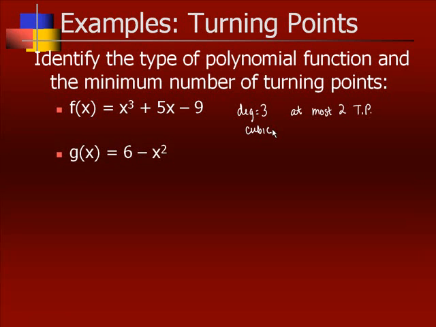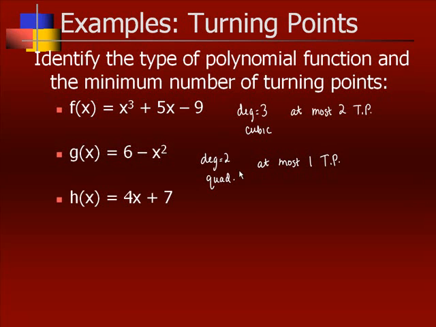G of x equals 6 minus x squared. The highest power is 2, so we're going to call that a degree 2 equation, which could have at most 1 turning point. And we call this a quadratic equation.